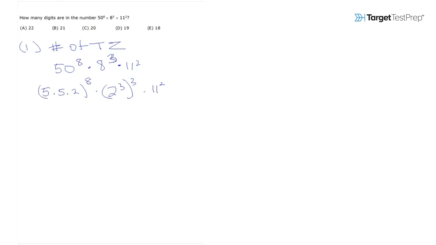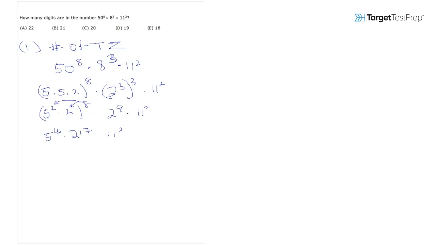So this is 5 squared times 2 to the 8th. This is 2 to the 9th times 11 squared. Now remember, the 8 belongs to the 5 and the 2. So this is 5 to the 16th times 2 to the 17th, right, because it would be 2 to the 8th times 2 to the 9th times 11 squared.